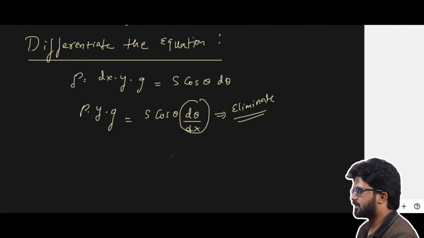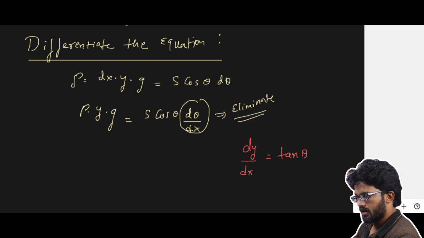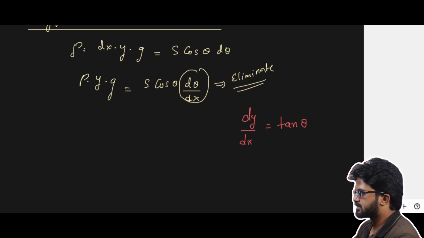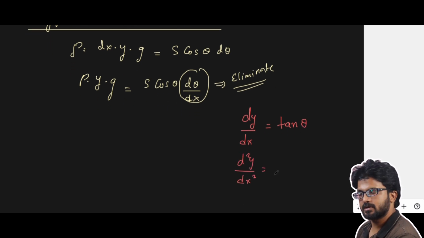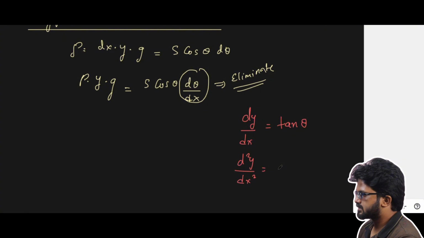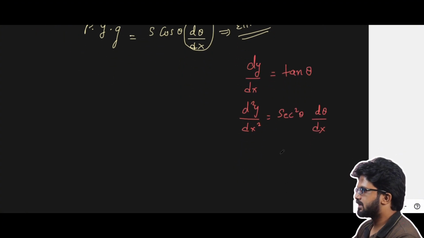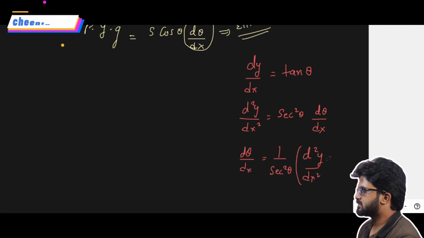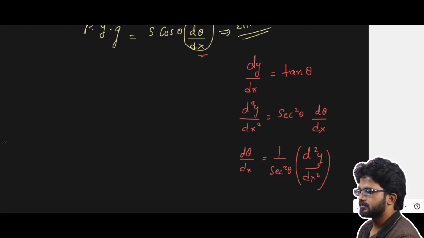So we can write dy by dx equals tan theta, and d square y by dx square is equal to sec square theta d theta by dx. So we can write this d theta by dx as 1 upon sec square theta times d square y by dx square, and hence we get rid of the d theta by dx that we were using here.